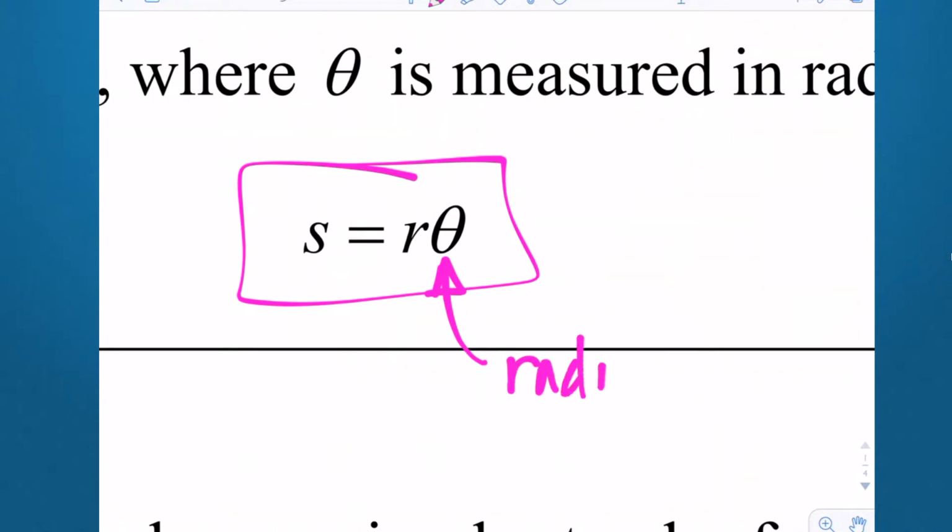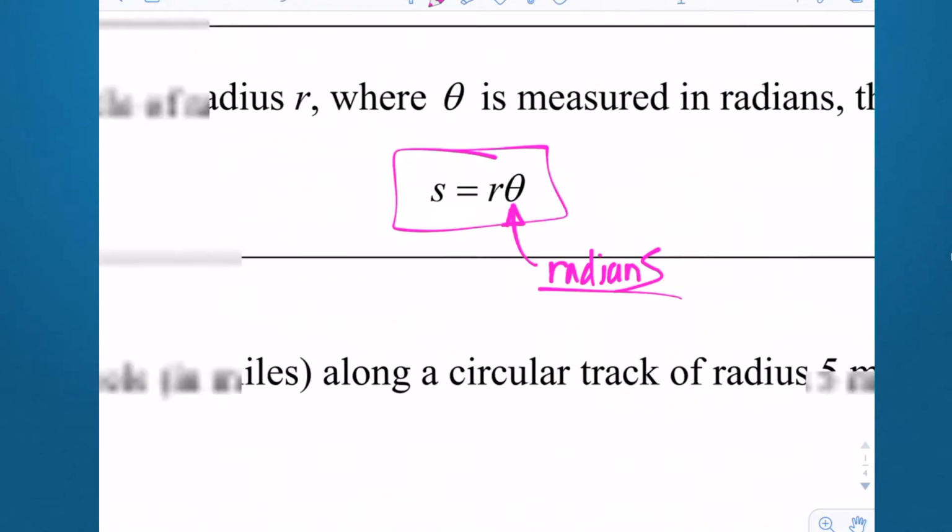Well, radians aren't units, but it has to be in radians because it's unitless. Because we'd have the arc length measured in feet. The radius, let's say, would also be measured in feet. Feet times degrees is called feet degrees, and that's not a unit of length, right? But feet times radians is, guess what? Feet, because what are the units of radians? There are none.